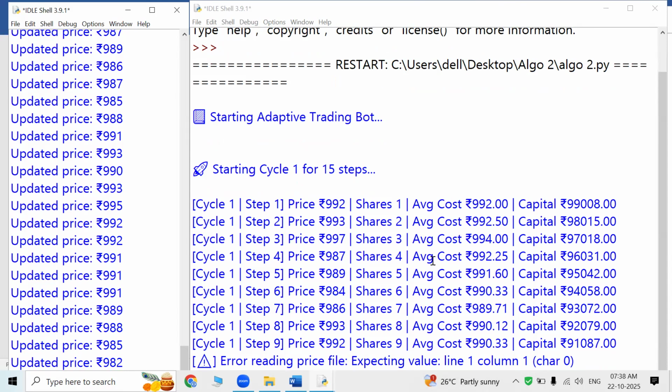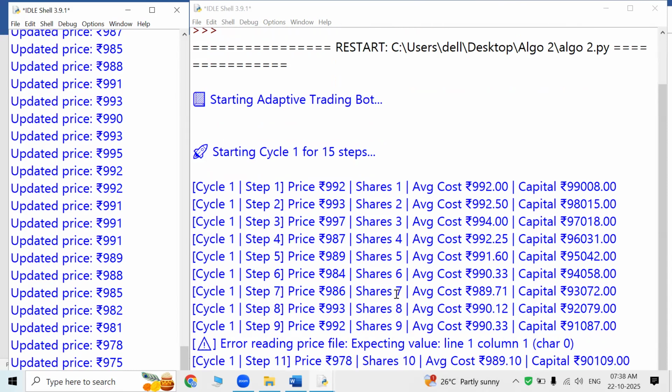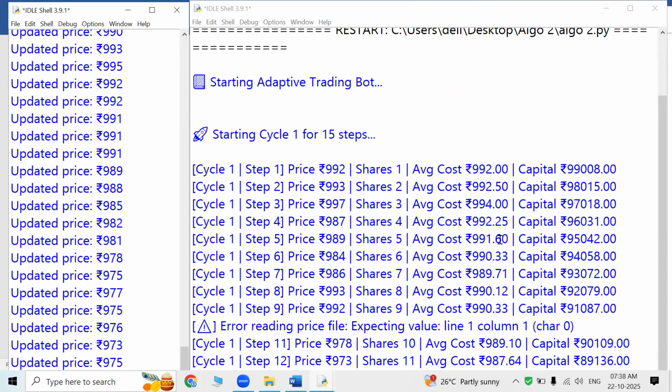It has created some error while reading this. No problem, you can consider this order has not been executed. The market has fallen like anything, so again, it's very difficult for us to make a profit for sure in this. You can check the worst case scenario which has happened over here.